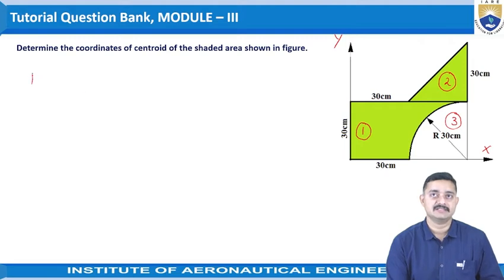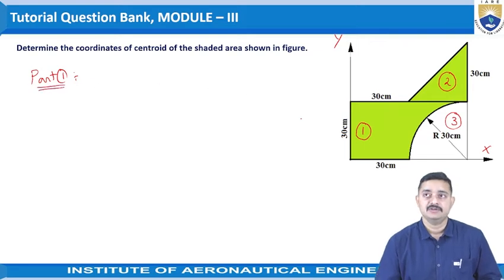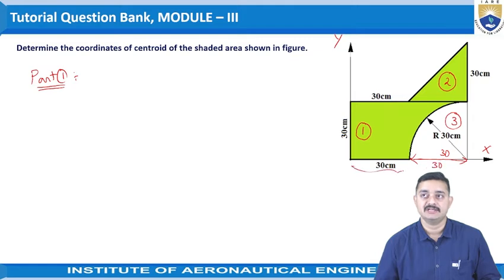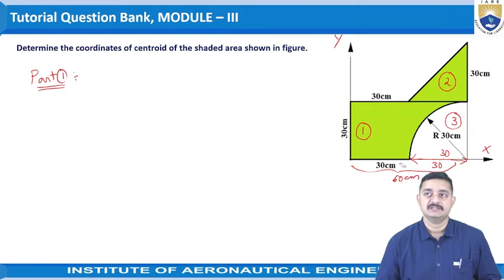So first let us understand the details about the part 1, which is rectangle. So if you consider the size of this rectangle, the radius given here is 30. Hence, this will also be 30. So the total length of this rectangle would be 60 centimeters. Hence, we can directly take that value of length as 60 centimeters.